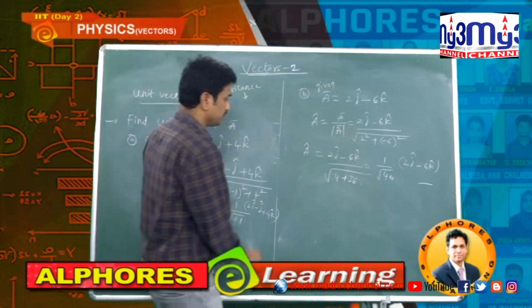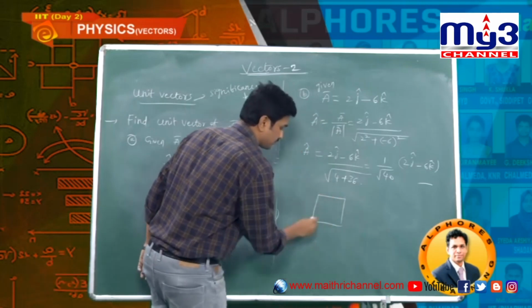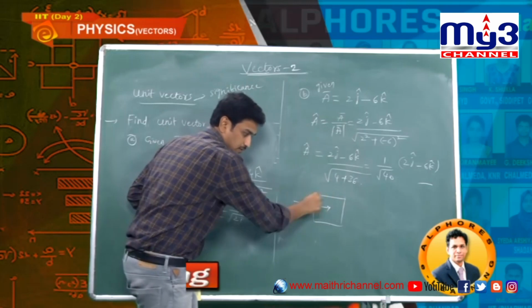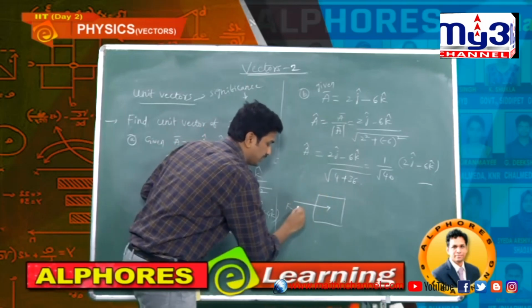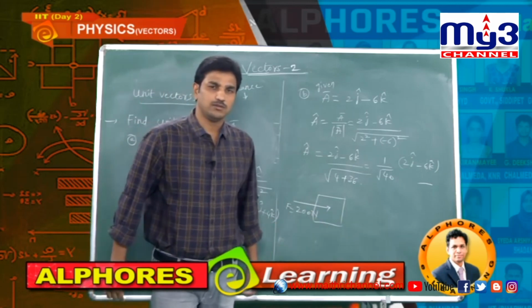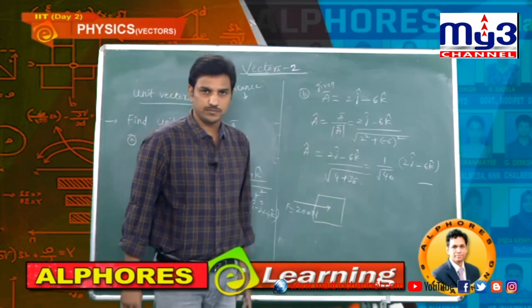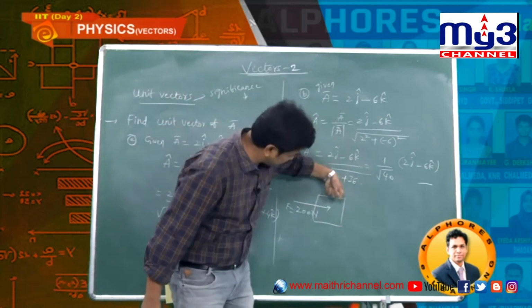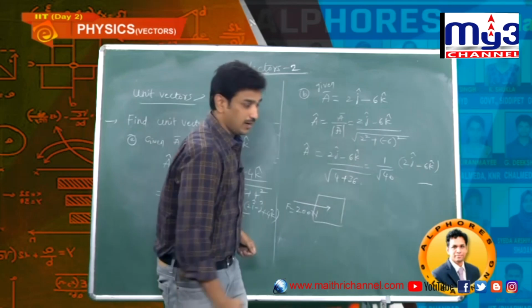Suppose I am giving a punch, a force. How much force am I giving here? 200 newtons applied on the body. In which direction did I apply it? This direction, this direction, or from this direction?